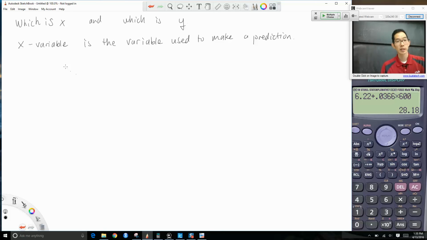Synonyms for the x variable include the predictor, the explanatory variable, and the independent variable.